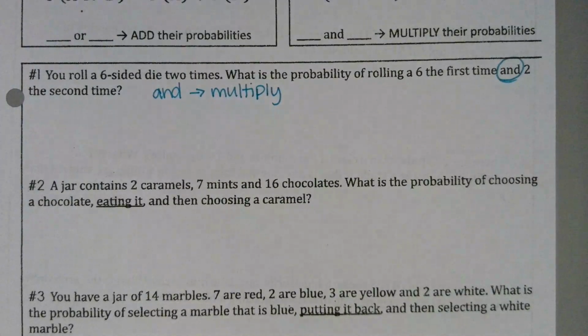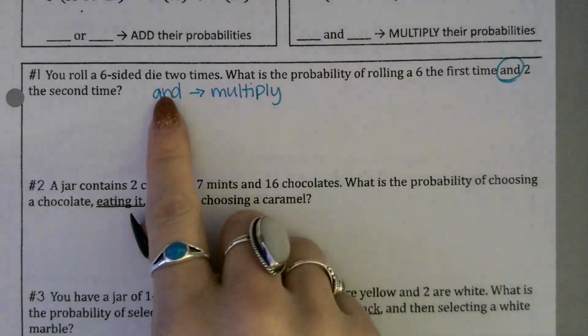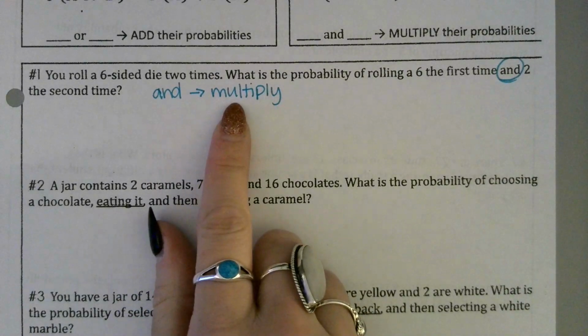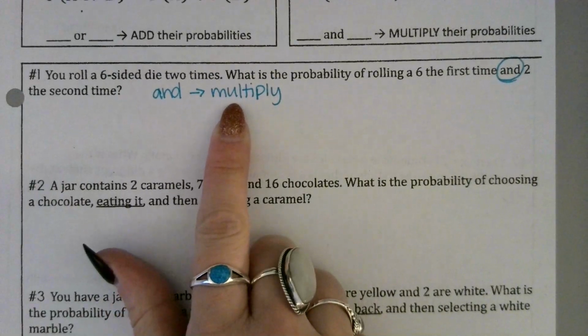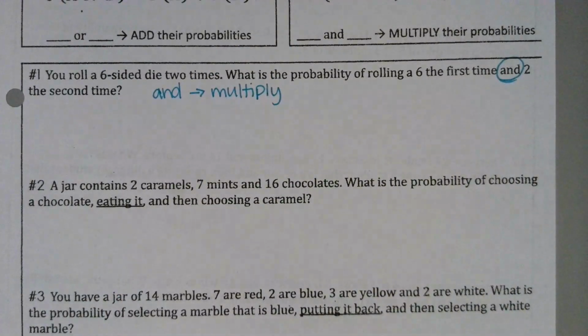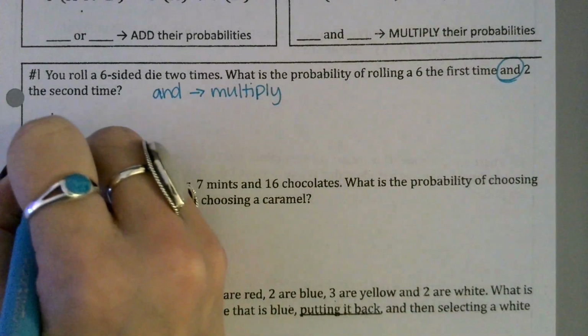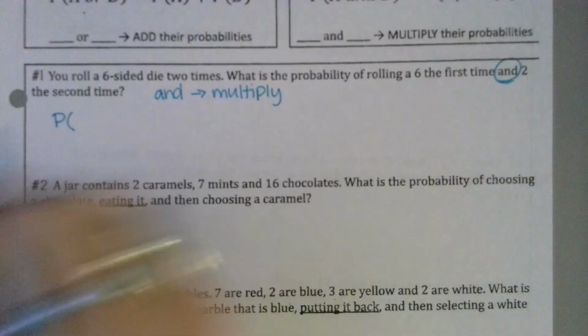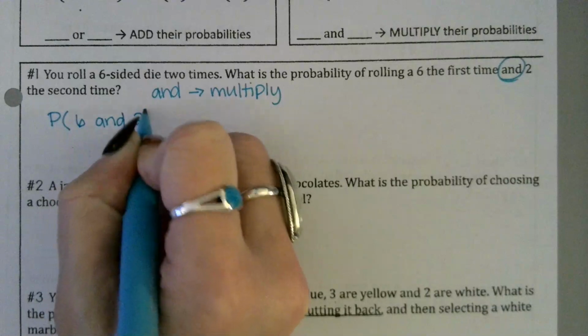You may not need to write this out every single time, but I find it to be very useful to write the word and what it means, because you are more likely to remember it when it comes to test time. Okay, using our notation, I want the probability of a 6 and a 2.